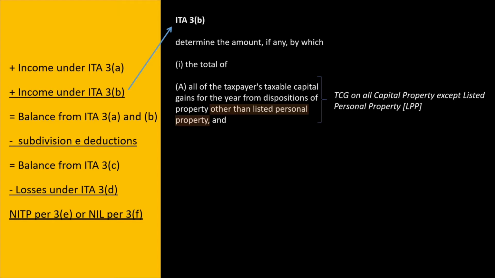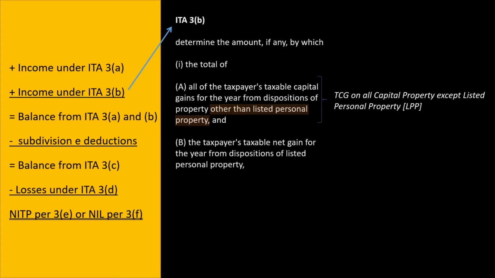After this, we have clause B, the taxpayer's taxable net gain for the year from dispositions of listed personal property. We can highlight some of the key terms here. The taxable net gain from dispositions of listed personal property. This is referring to essentially a formula.